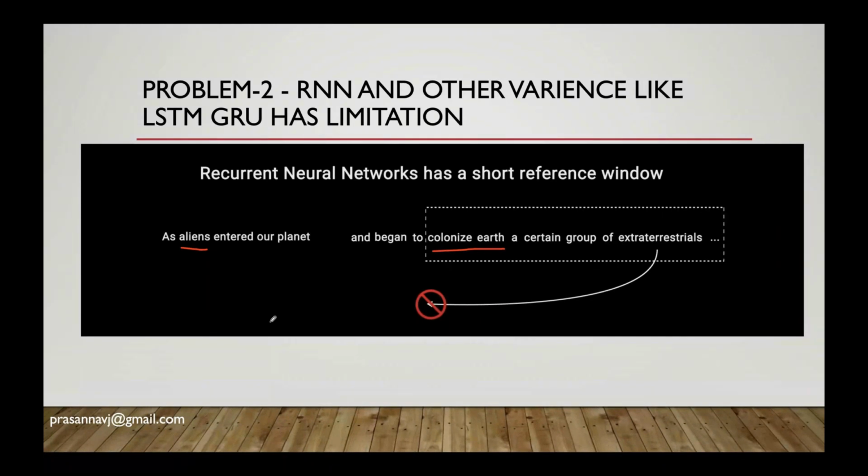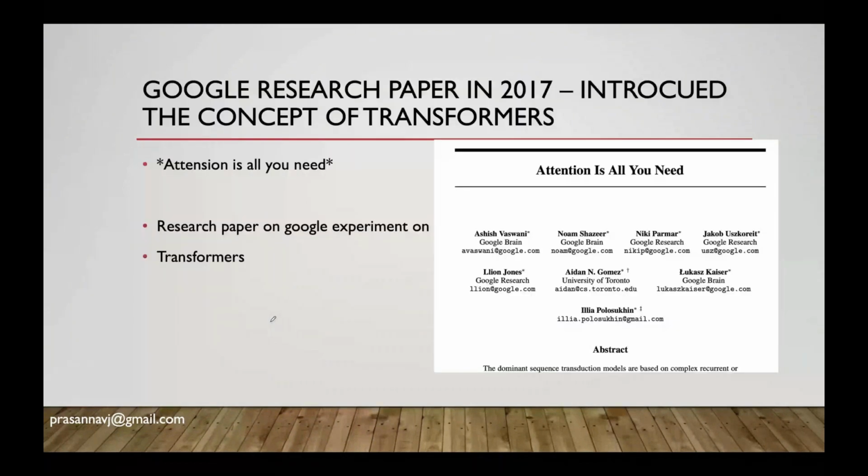Okay. So RNNs were there for quite some time, at least a decade-old frameworks and solutions. In 2017, they thought through all these problems, and Google Research introduced a research paper called "Attention Is All You Need."